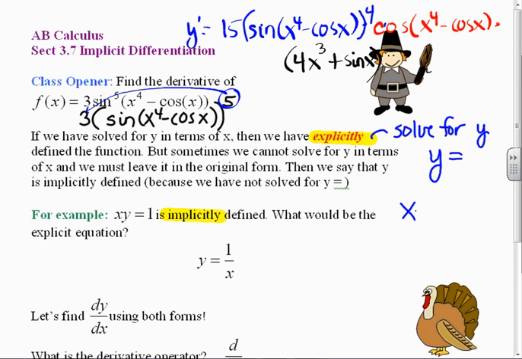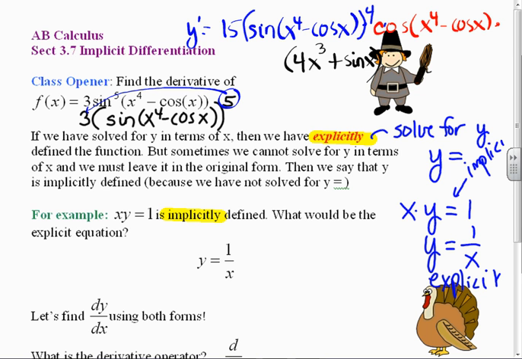If I have x times y is equal to 1, that's an implicitly defined function. I don't explicitly know what y is. I could solve for y equals 1 over x, right? This is explicit, and this is implicit.